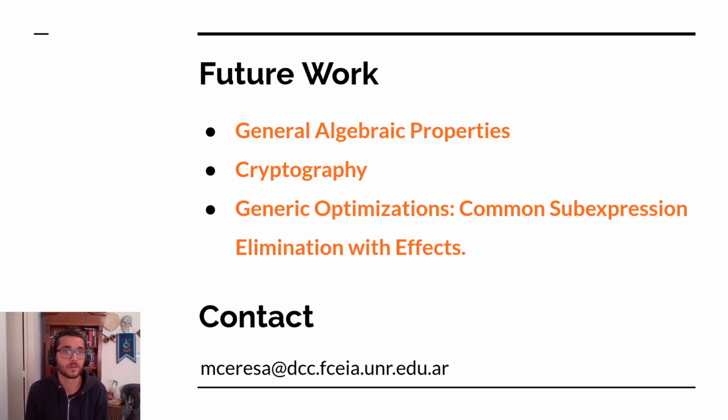As future work, we are working on a toolset of general algebraic properties of improvement to simplify future proofs in other calculi. Try to get a general abstract toolset to simplify future proofs.